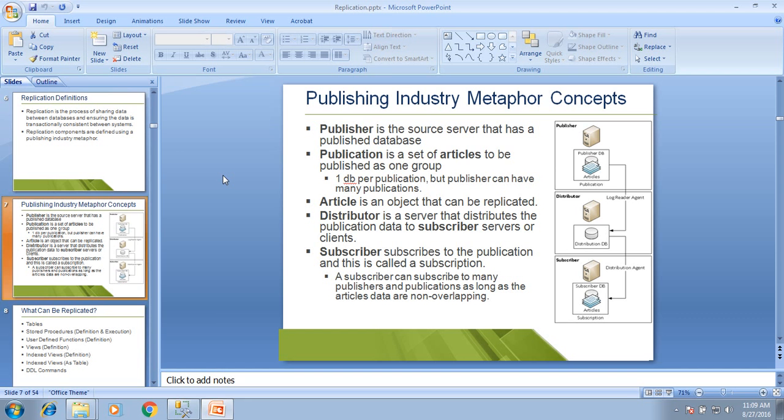The one that is being published is called an article. An article is an object that can be replicated. A publication is a set of articles to be published as one group. The distributor, on the other hand, is a server that distributes publication data to subscriber servers.